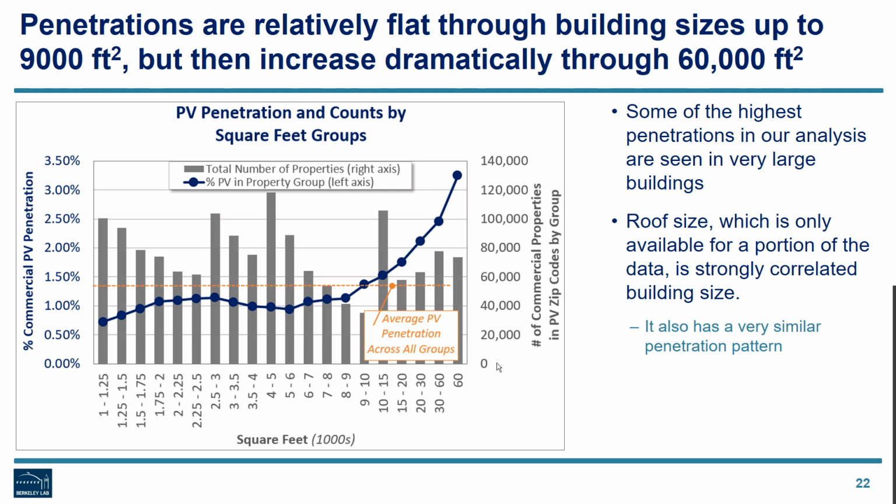Now, roof size, which is only populated in a portion of our properties, would have been ideal for this figure too, because that's probably what we're talking about, not the property size. But we just don't have it for many properties. But for those that do have roof size, we see a very similar trend where it comes up to a certain point, actually 6,000 square feet, and then starts to increase dramatically beyond that.